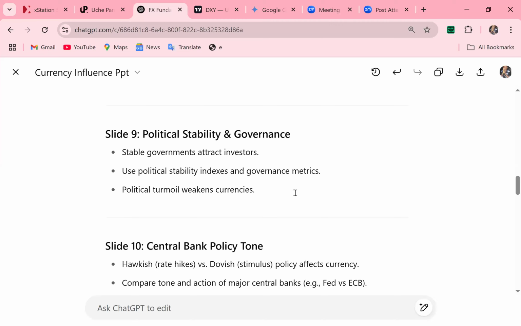So a stable government can attract good investors. You can use political stability indexes and governance metrics. Political turmoil can also weaken a currency, but it's not a strong thing we consider on the basis of fundamentals, because most of the countries whose currencies we trade do not have political instability.